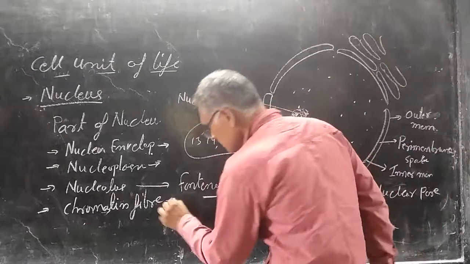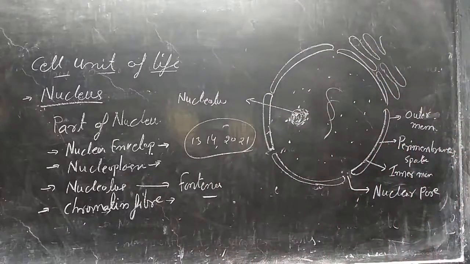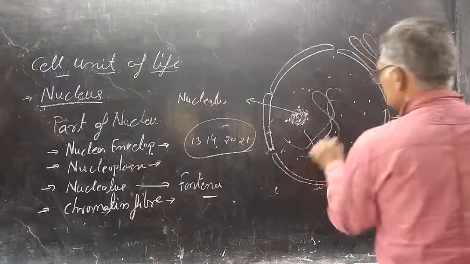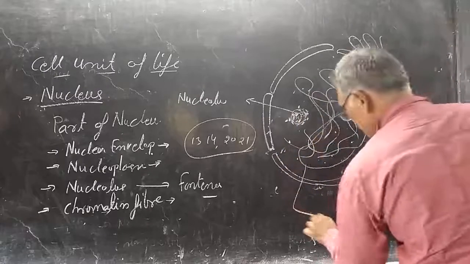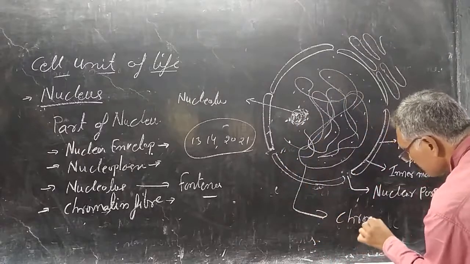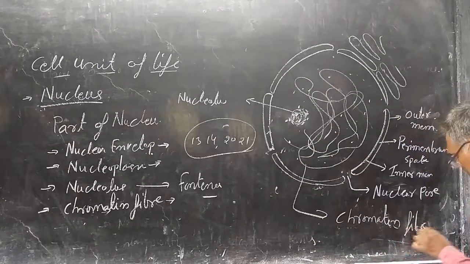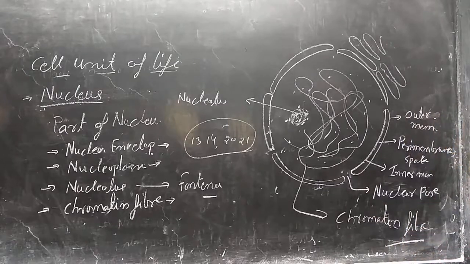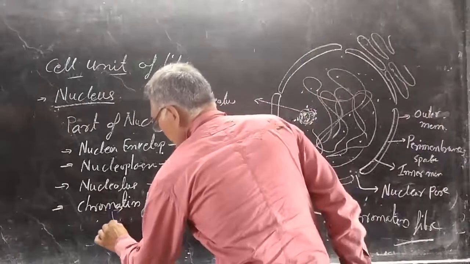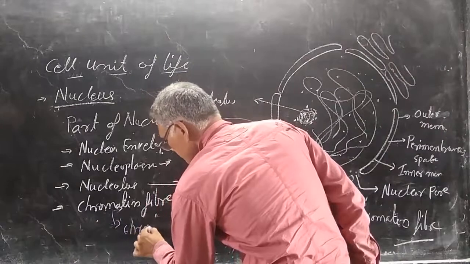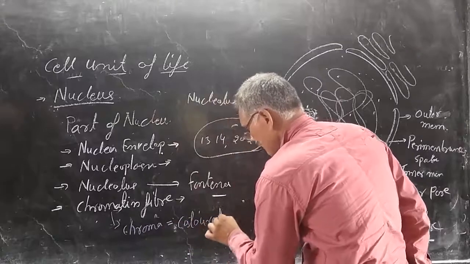And then the next portion of the nucleus is the chromatin fibers, which are abundantly present throughout the nucleus. The word chromatin is derived from chroma, which means color.